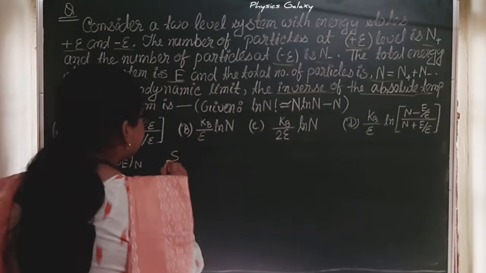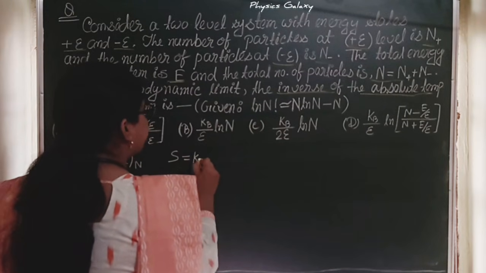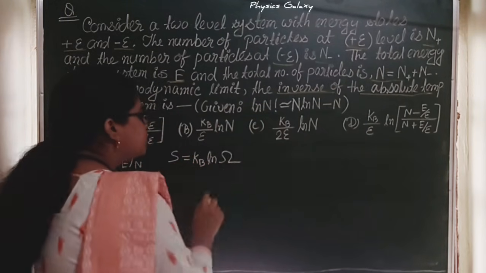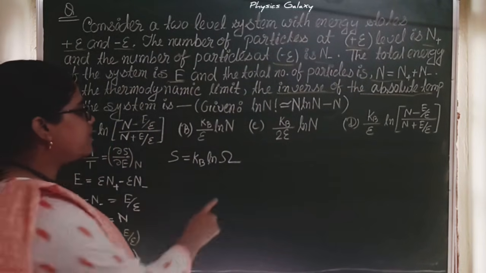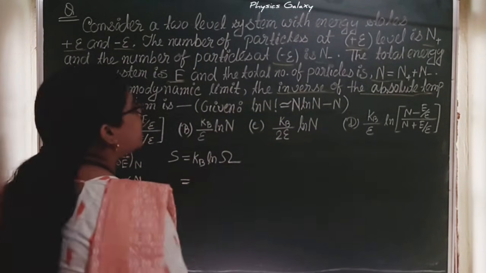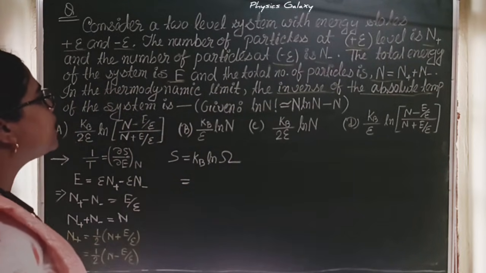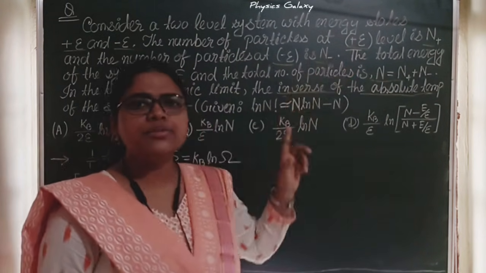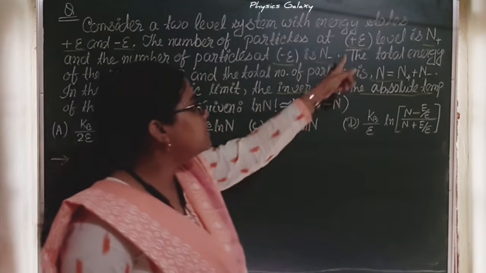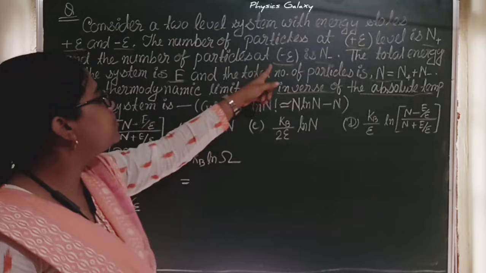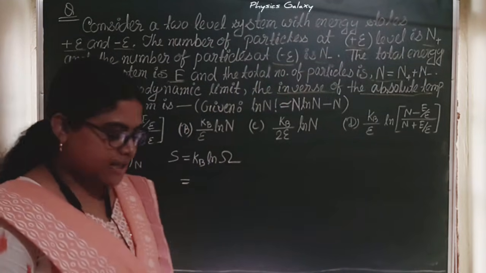So S, we all know that S is Kb ln omega, where Kb is Boltzmann constant and omega is the number of microstates. Look here, the total number of particles is capital N and there are two energy levels of plus epsilon with number of particles n plus and minus epsilon with number of particles n minus.